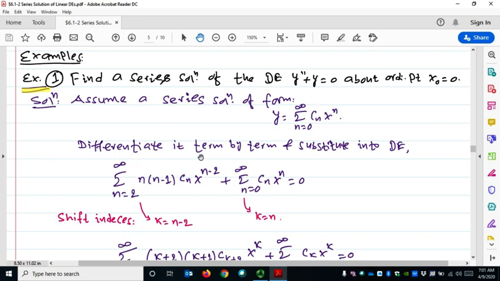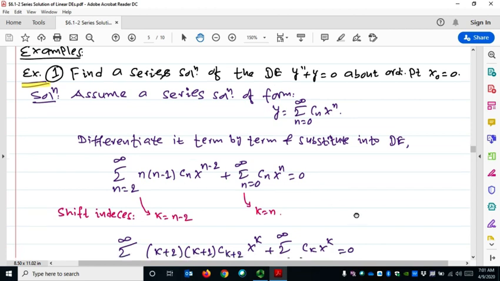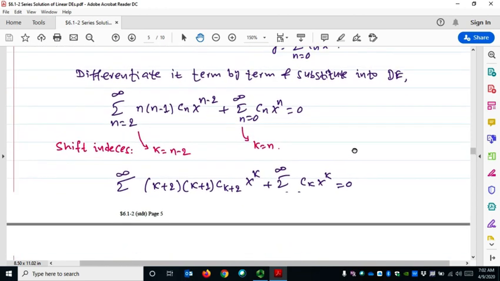Then differentiate it term by term and substitute back into the differential equation. So y double prime, put it here, which is the summation from n equals 2 to infinity of n times (n minus 1) times c_n times x to the power n minus 2, plus y, just this one, equals 0. Next, we have to re-index here.